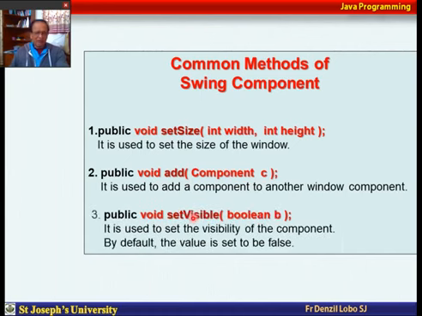After doing all that, we have to make it visible. To make it visible, I invoke the method setVisible and give true. It wants a parameter true. The default value is false, but I have to give true to make all the components visible and make it event driven.